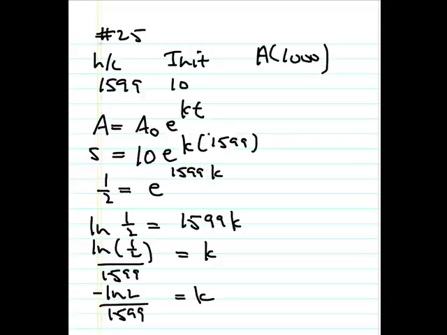So with that, we have our model. Having found k, our model now is A is equal to the initial amount, which happened to be 10, e to the minus log of 2 over 1599 times t.